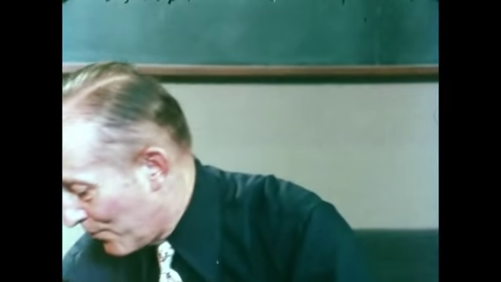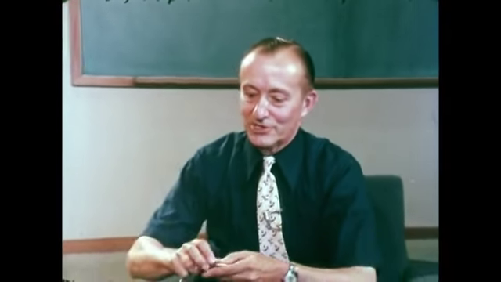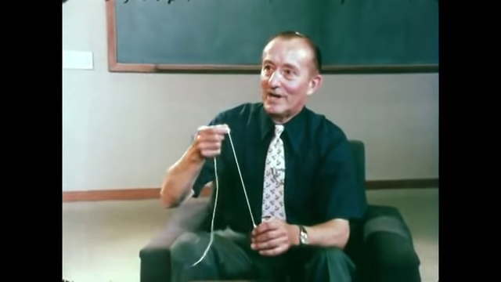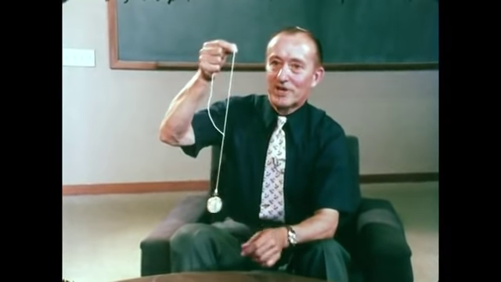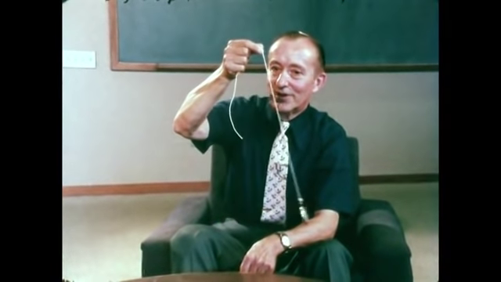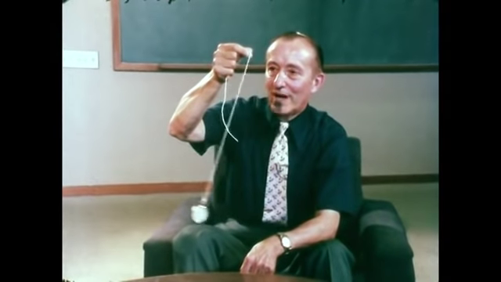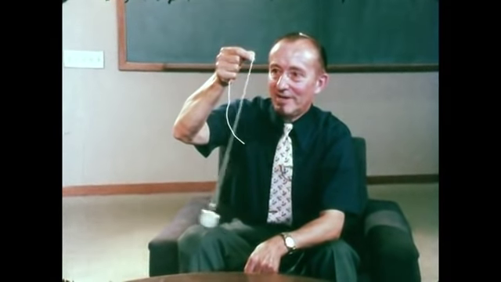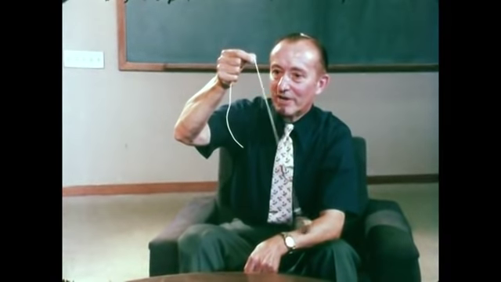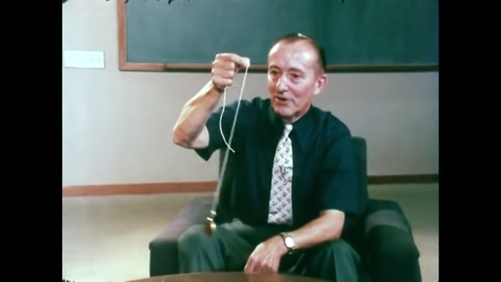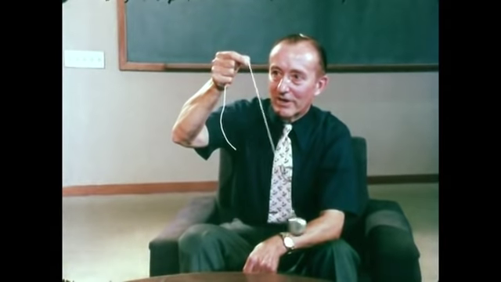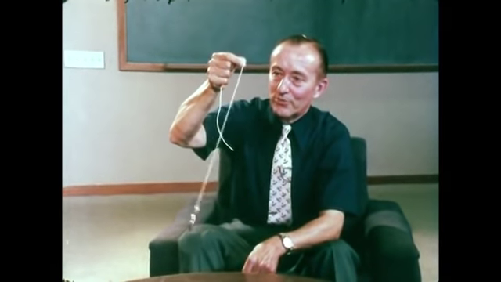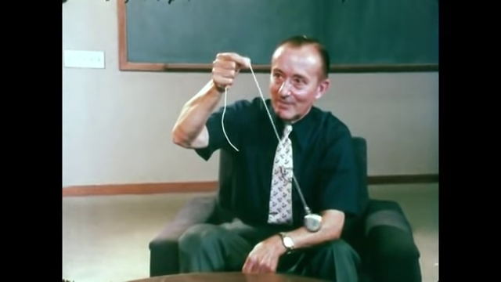Galileo had years before noticed, we're told in the cathedral at Pisa, that when the chandelier in the cathedral moved back and forth, it made no difference whether the chandelier swung in a small arc or in a larger arc, that the period was exactly the same.